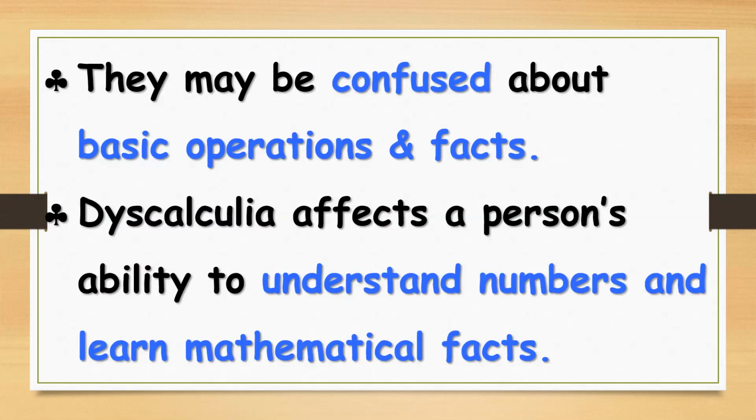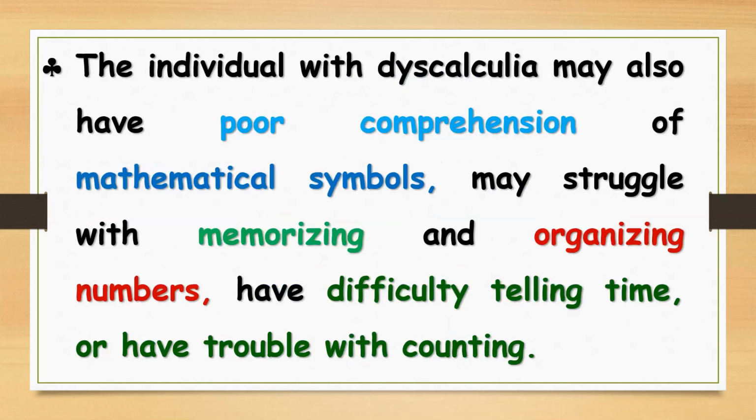It affects the person's ability to understand numbers and learn mathematical facts and symbols. The child may also have issues with poor comprehension ability, struggles to memorize and organize the numbers and mathematical symbols, difficulty in telling the time. What's the time, we will ask. The child may not be responding to us.